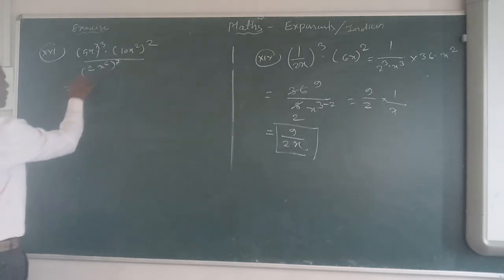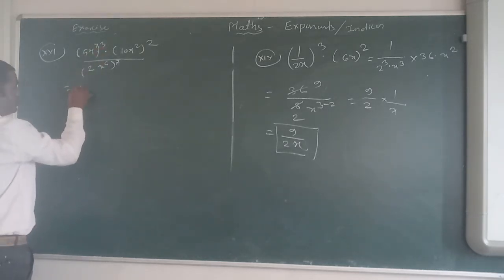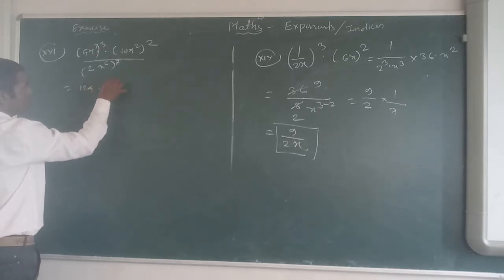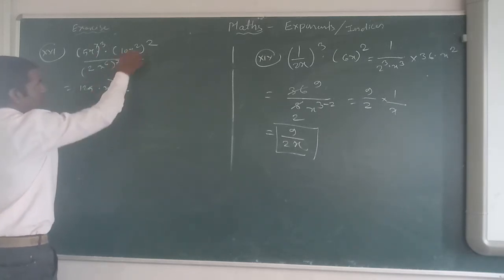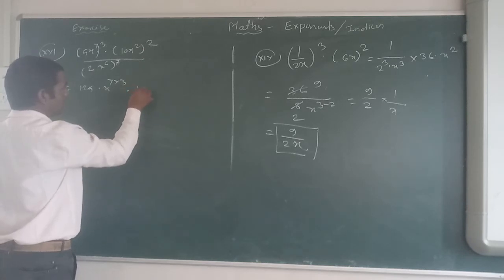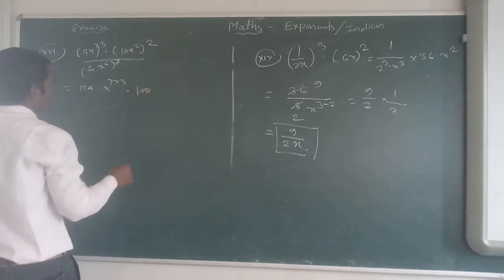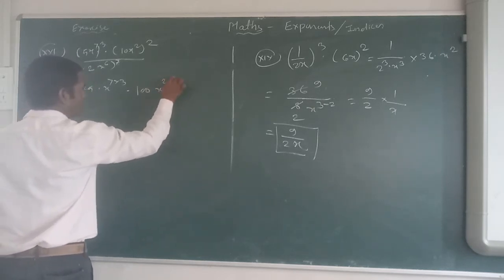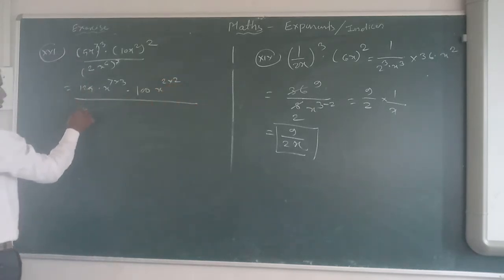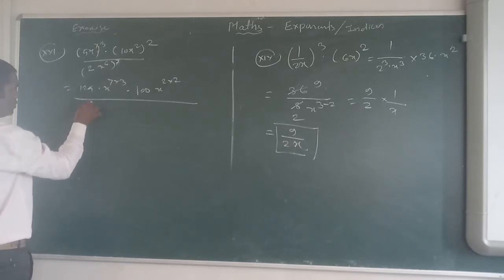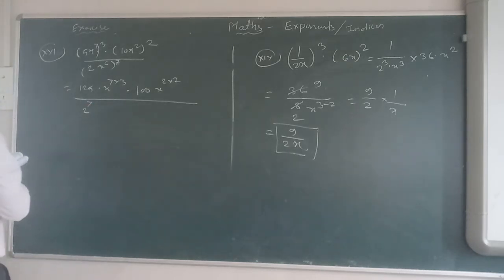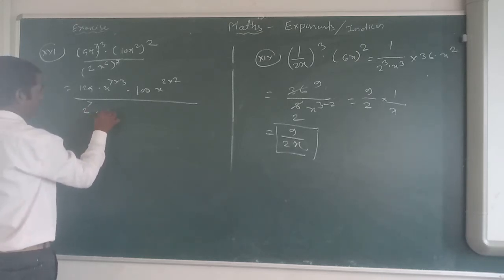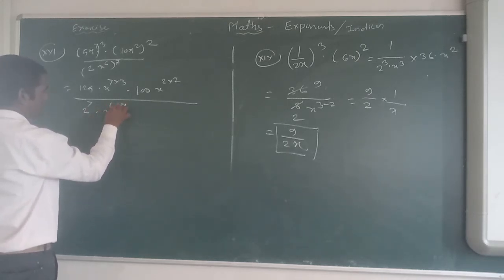First we have to solve this bracket. 5 cubed is 125 into x raised to 7 into 3, into 10 squared is 100 into x raised to 2 into 2, upon 2 raised to 7 into x raised to 6 multiplied by 7.